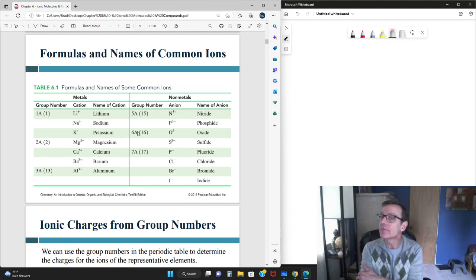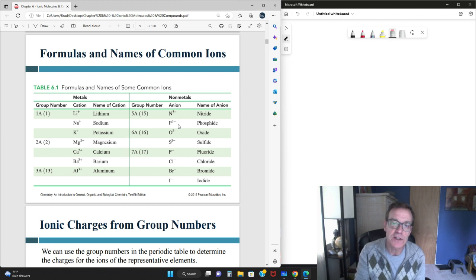Anions are negative ions, so that's fairly easy to remember, right? And in groups 5, 6, and 7, let's look at phosphorus. It's going to take on 3 electrons and become an anion with a charge of negative 3.